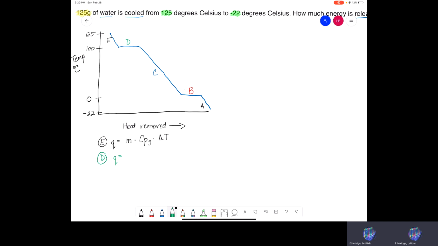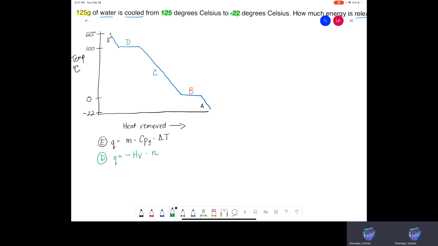So what that means for you is your heat of vaporization for a cooling curve is going to be negative times m. Let me say that one more time. If you are drawing a heating curve, your heat of vaporization is positive because it is absorbing energy from the environment. When you are doing a cooling curve, your heat of vaporization is negative because it is releasing that energy into the environment.